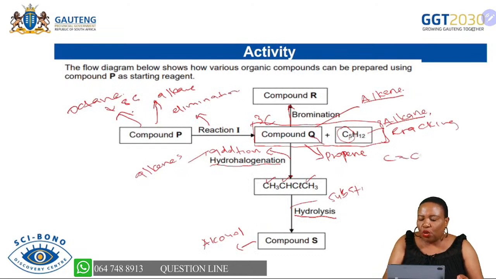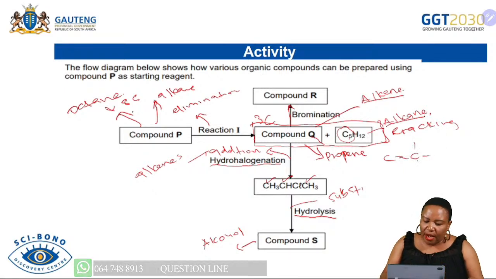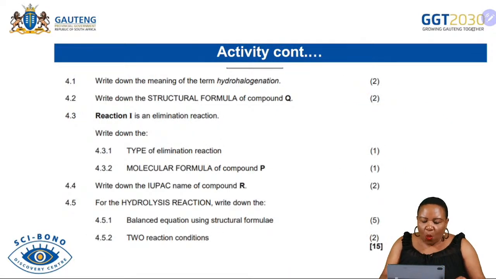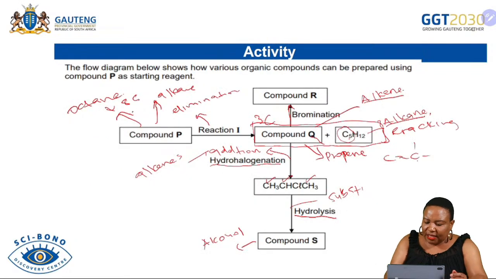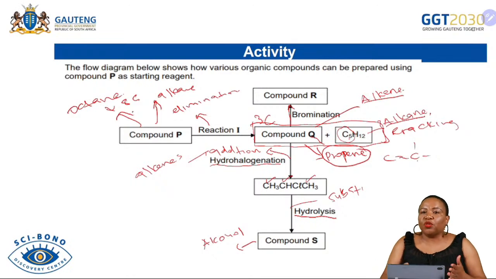So already you'll know how to write the structure of propene, where we always look at the double bond. And then it will ask what type of elimination reaction that is. Always check what it is that you have removed. Sometimes if you are not sure, let's say a propane ends up as a propene, you just subtract the carbons and hydrogens on both sides.